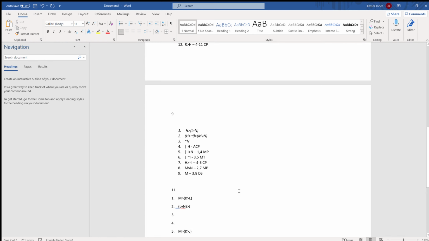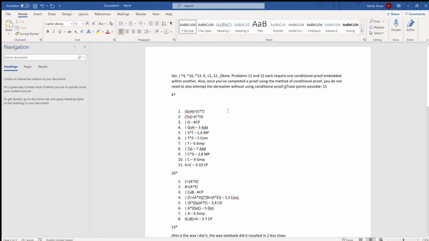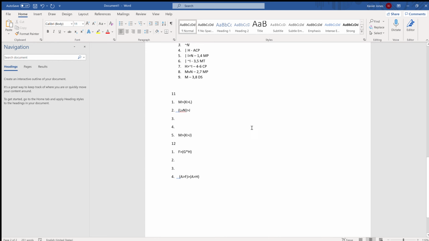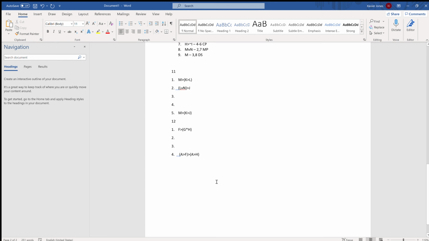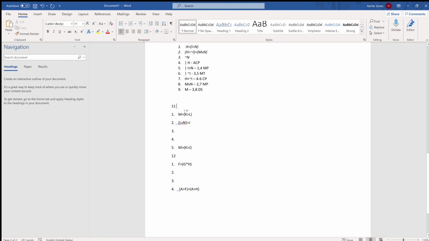So, okay, if M then K then J, and it says right here that we're going to have to use one conditional proof embedded within another. Okay? So we're going to have an embedded conditional proof here. Also, this one looks wonky, so let me fix it.